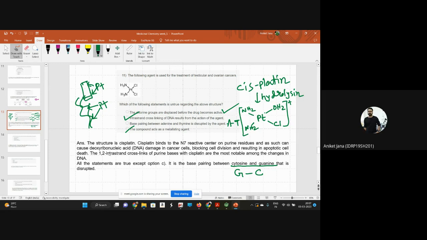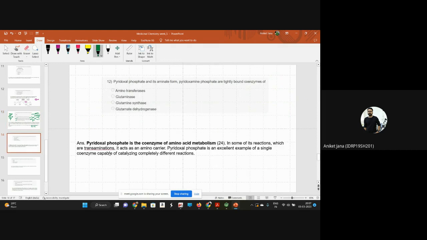So let's move to the next question. Pyridoxal phosphate and its aminated form, pyridoxamine phosphate, are tightly bound coenzymes of aminotransferase, or glutaminase, or glutamine synthase, or glutamate dehydrogenase.